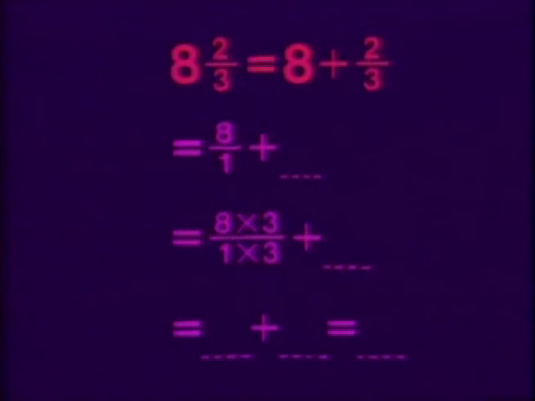Let's try another one. Change 8 2/3 to an improper fraction. This time, part of the work is left to you. Fill in the blanks as you come to them.